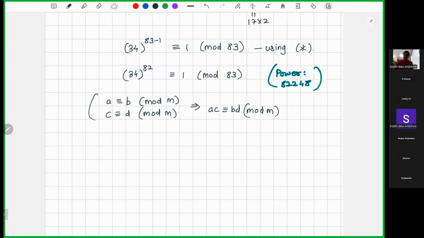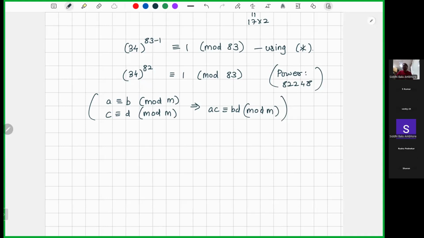So I want to find how many multiples of 82 can be accommodated in this number. Since on the right-hand side we have 1, it will still remain 1, no matter how many times I multiply this equation using this property of congruence.